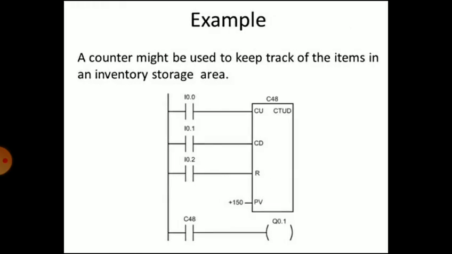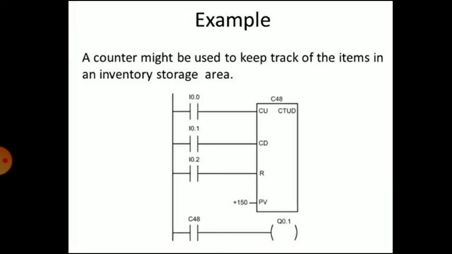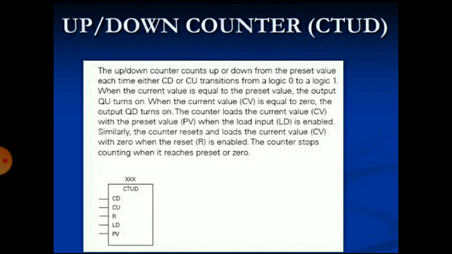This is the explanation of this example, and how the up and down counter is used for this particular application. The up and down counter counts up or down from the preset value each time either CD or CU transitions from logic 0 to logic 1. Different elements are shown in this slide.